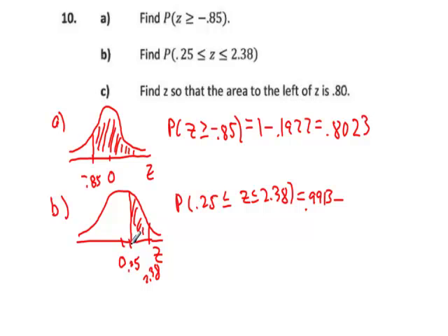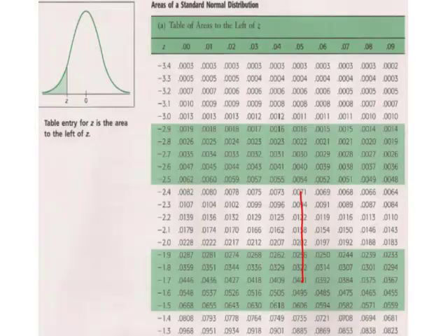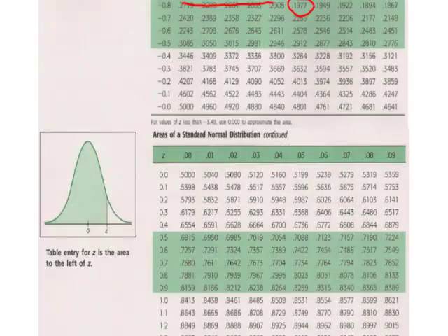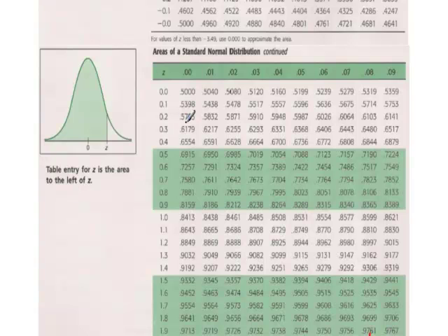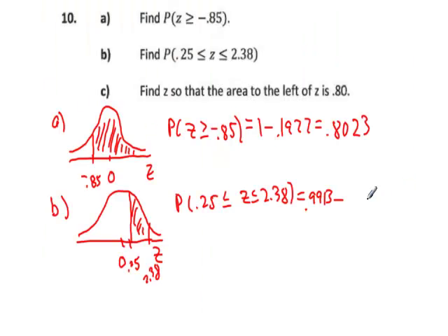So let's look up the 0.25 and find that probability next. 0.25, 0.2, and over to the 0.5 column is 0.5987. And if I subtract these, I get my answer of 0.3926. So the probability z is in between these two numbers is about 39%.